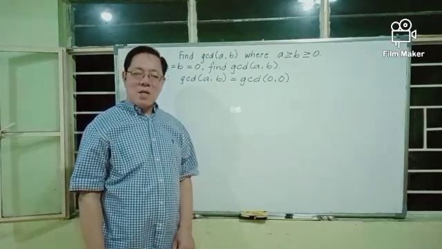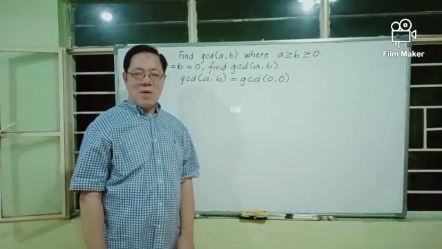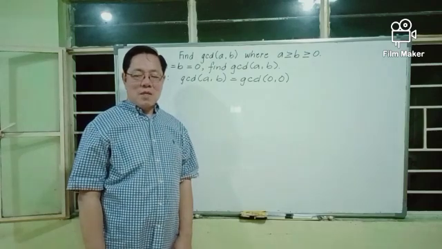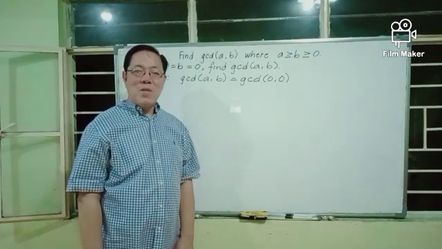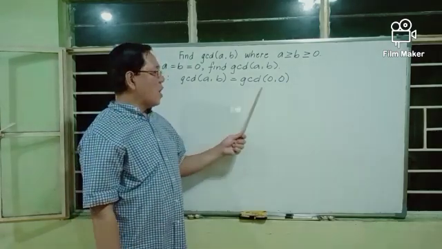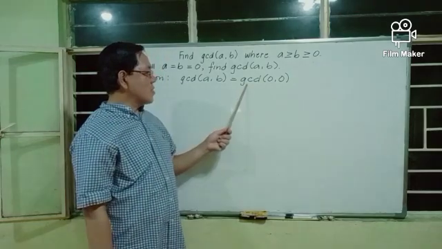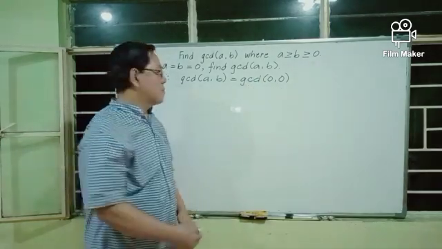But the set of these integers has no largest element because the set of integers is an infinite set. That is, there is no largest element. And so, last time we defined the greatest common divisor of 0 and 0 as 0. Therefore, the greatest common divisor of 0 and 0 equals 0.